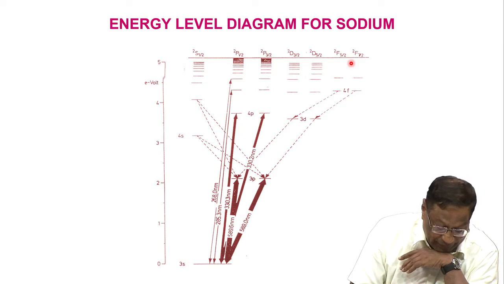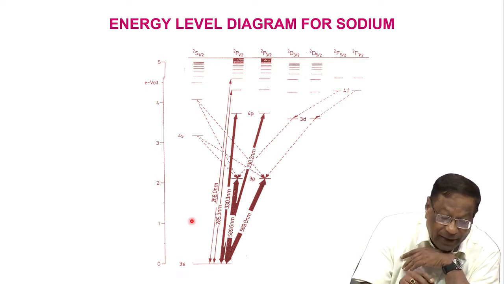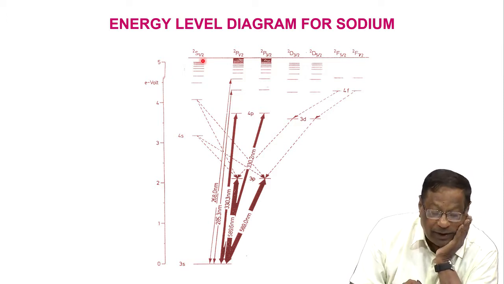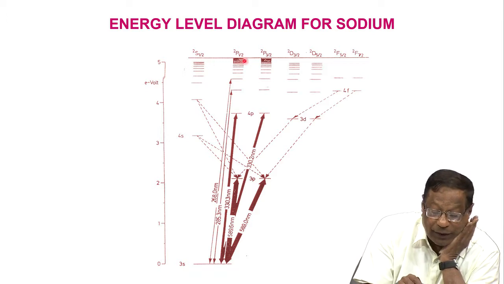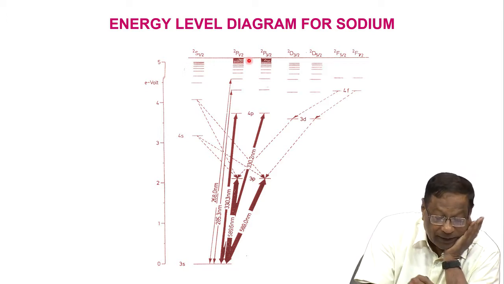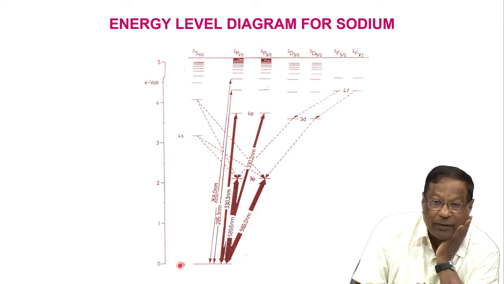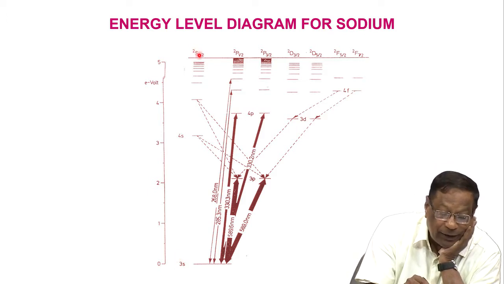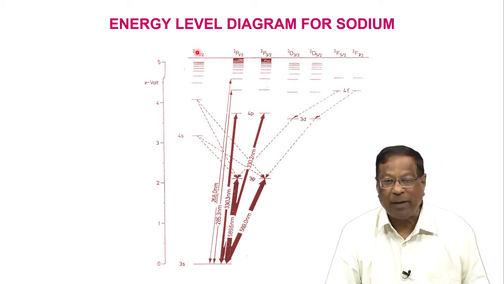This is the ground state, that is 3s. So, 3s is the ground state, and when the electrons are excited they go to 2S 1/2 etc. You should understand, I have written 3s here in small letters, and here I have written 2S in capital letters.